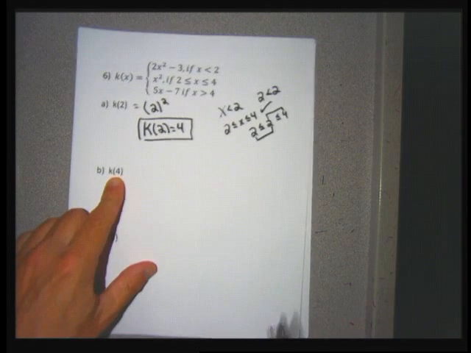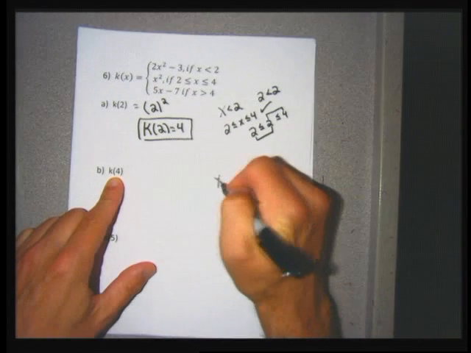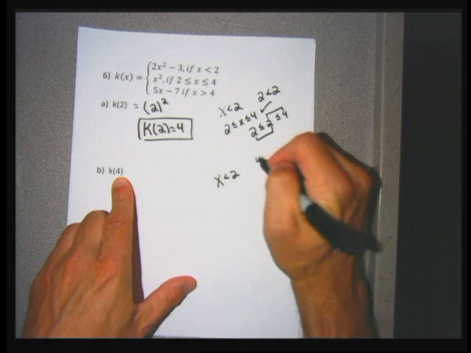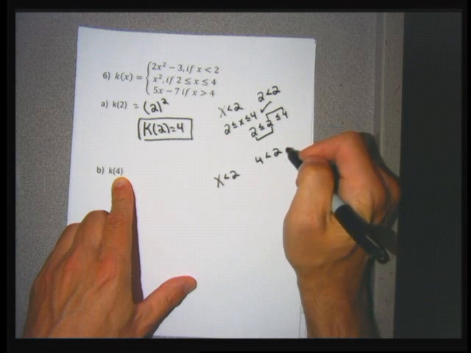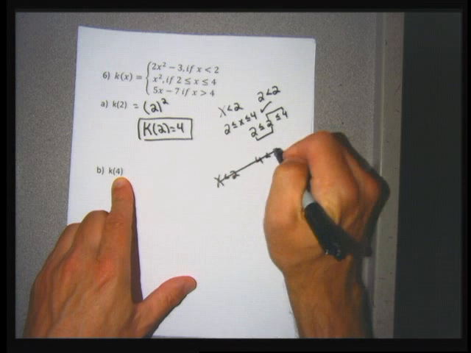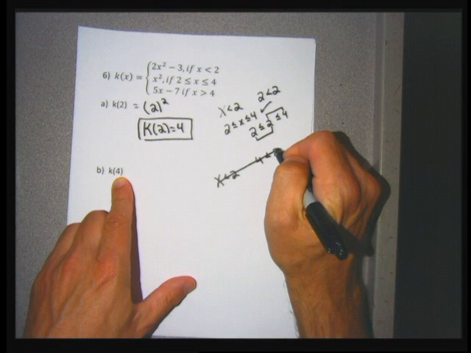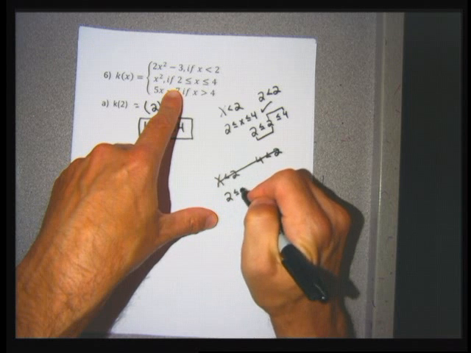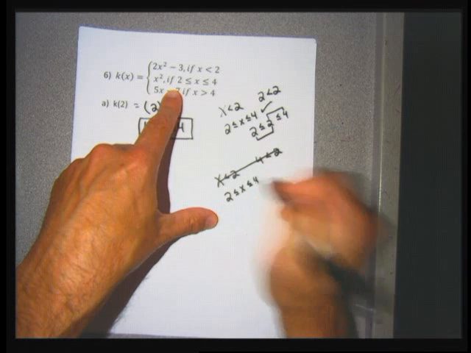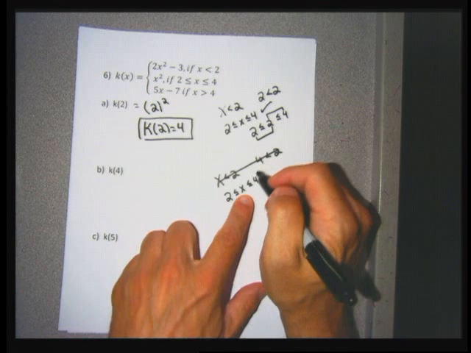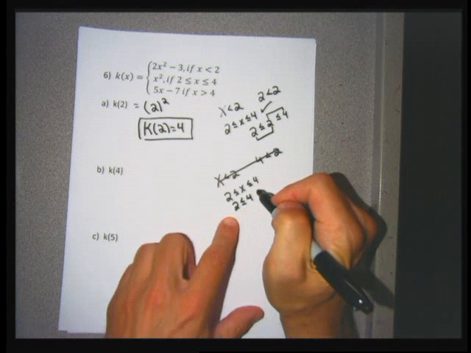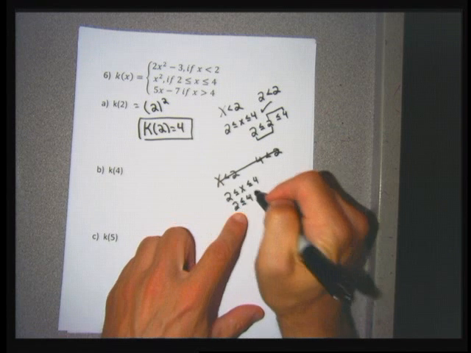So for this part B, I look at the first criteria, x is less than 2. 4 is not less than 2, so I'm not going to plug 4 into the top piece. For the middle piece, I'm going to use it if this statement is true, 2 is less than or equal to x is less than or equal to 4. If I plug 4 in for this x, this is a true statement, 2 is less than or equal to 4. It's true because 2 is less than 4.